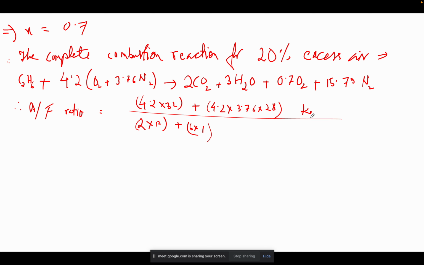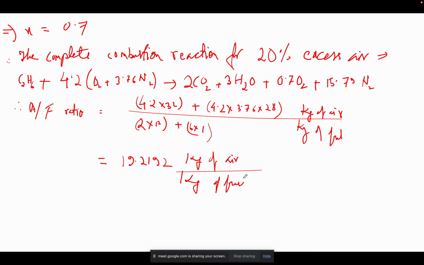So this is kg of air divided by kg of fuel, which is 19.219 kg of air per kg of fuel. This is the first part which we have already done in the case of octane also.